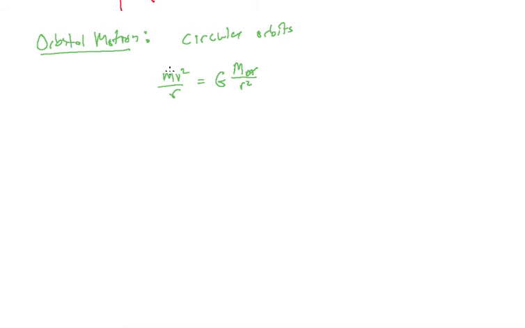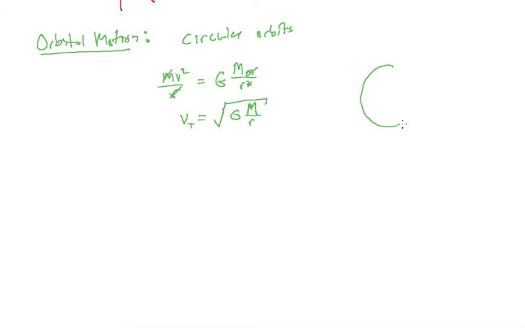The masses cancel, one of the r's cancel, and you're left with then taking the square root. v equals the square root, right, because we want to get rid of that square, of GM over r, where M is the capital M. Okay, and this is actually the tangential velocity.